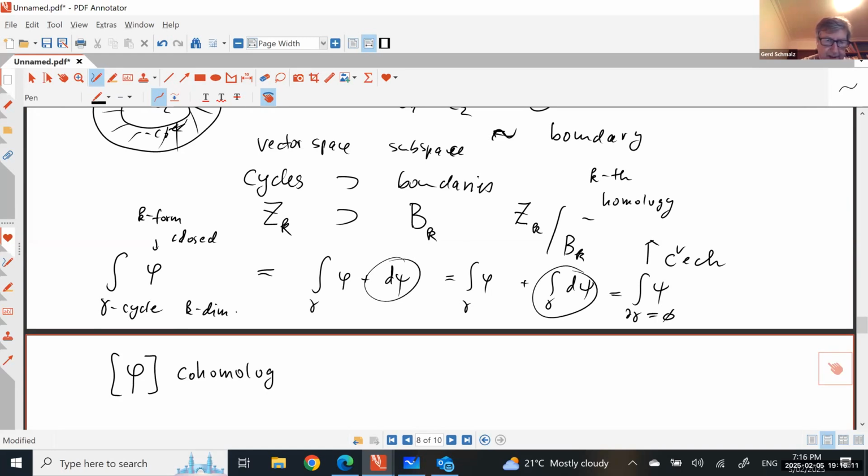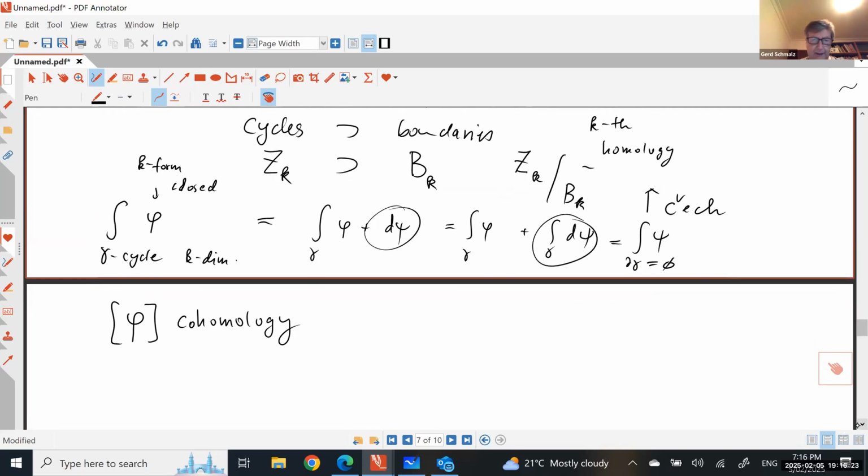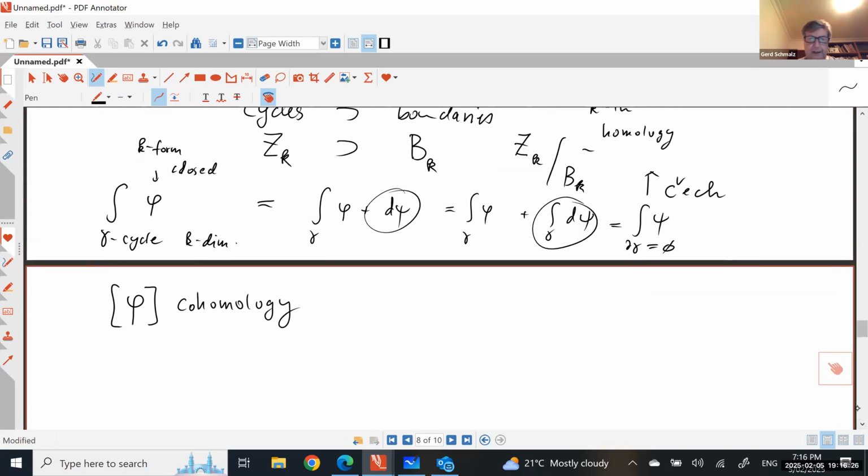If I form the quotient space, then all the elements of the quotient space are equivalence classes. I can add any exact form, which is what I factor out in my quotient space, and that gives me the cohomology class of phi, and this integral over a cycle only depends on the cohomology class.